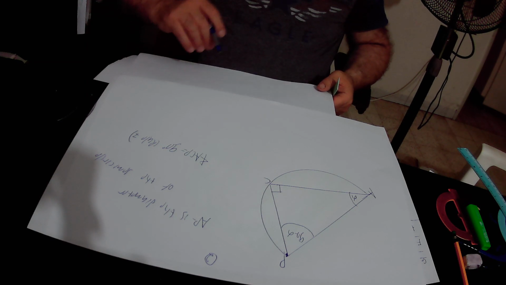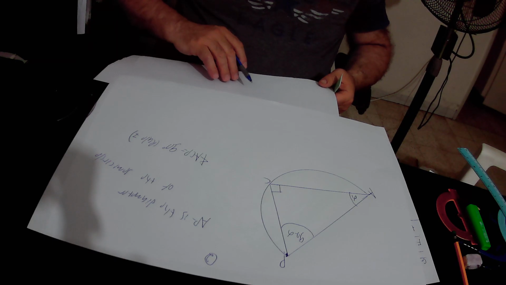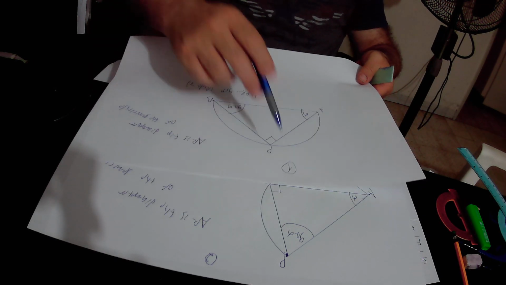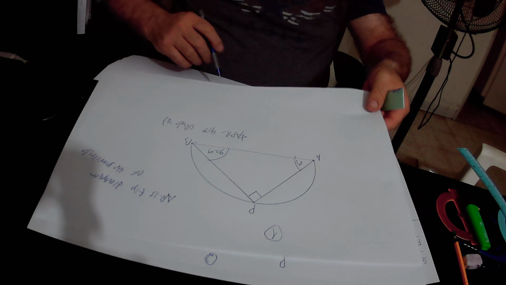Okay, so I'll copy the two right triangles in the new page and we'll prove that those two right triangles are similar to each other.